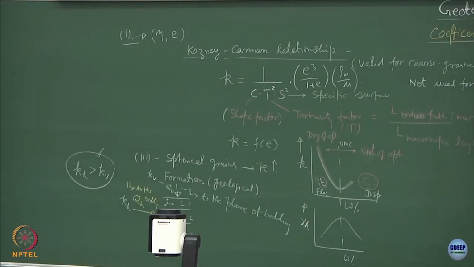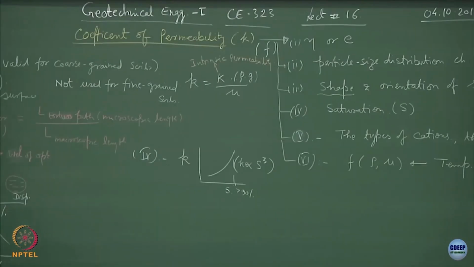Now, as far as the saturation is concerned, there is a relationship between K and S. So, saturation of the soil is defined as, I hope you understand, the amount of water which is present in the pores to the volume of the pores. Okay.